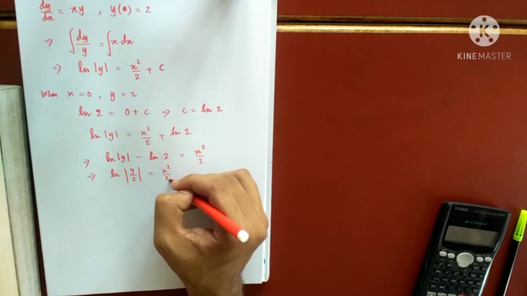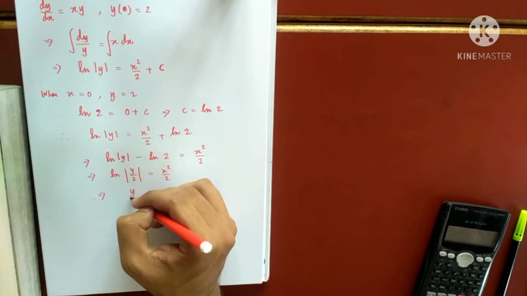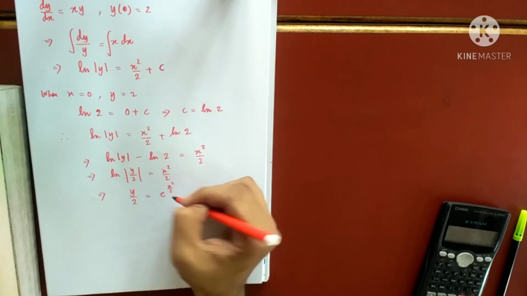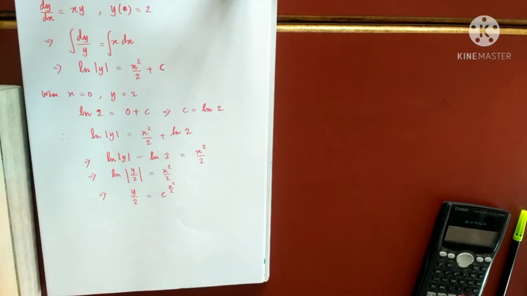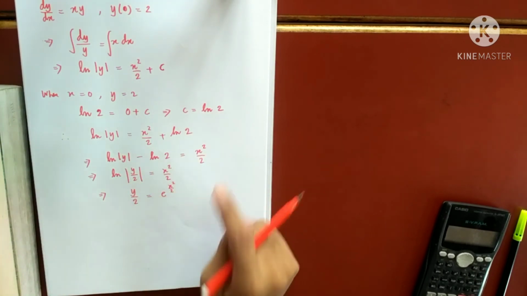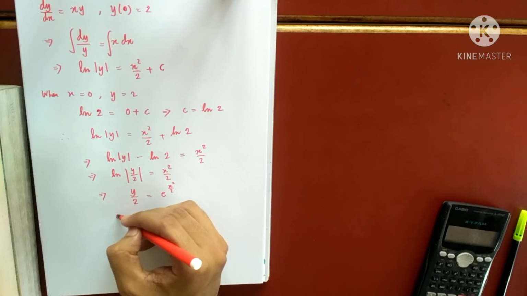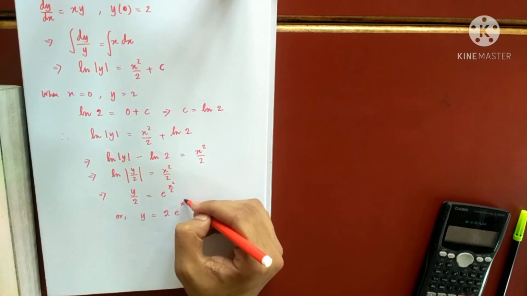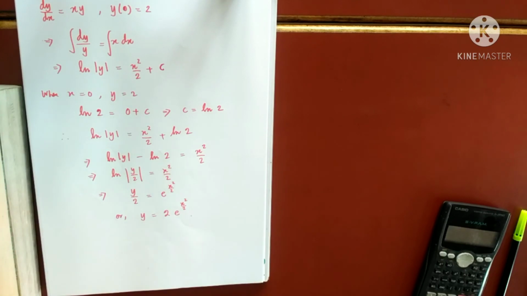So from here, y by 2 is exponential of x square by 2. I hope you know the definition of log: if log a equals b, then a equals e to the power b. So the value of y we are getting is 2 e to the power x square by 2.